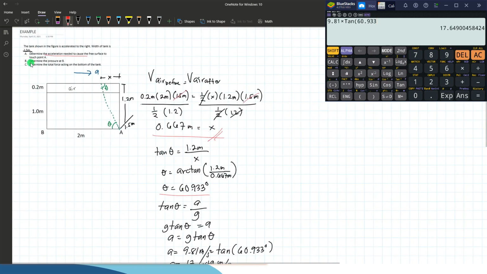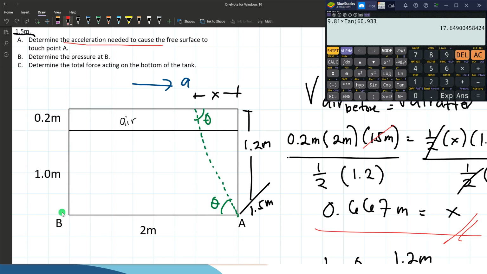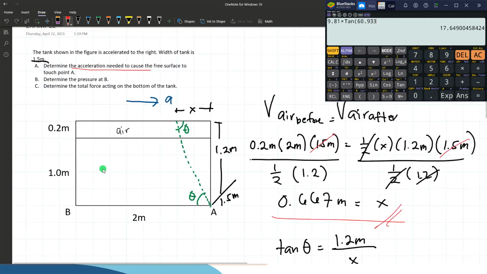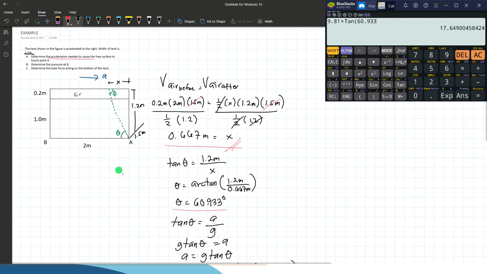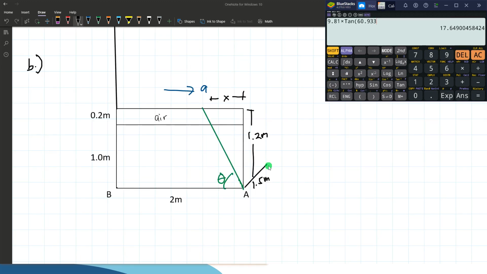For letter B, determine the pressure at point B. Let's have another figure for this. For closed vessels, we have here a moving vessel.